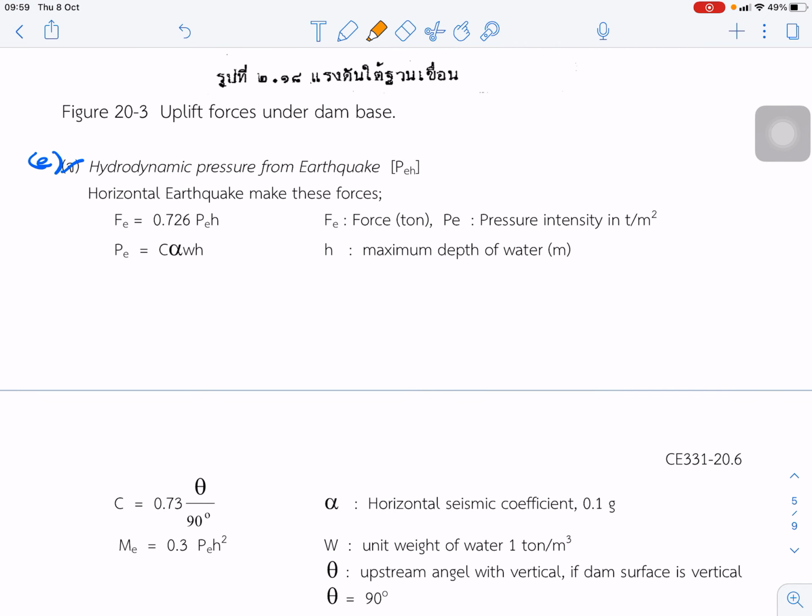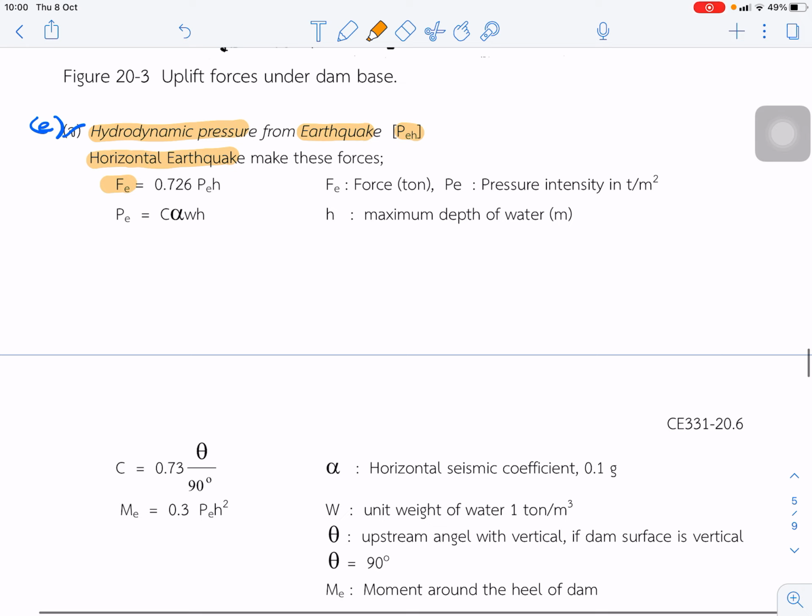For the abnormal load, the first comes from the hydrodynamic force from the earthquake, horizontal earthquake. Horizontal earthquakes make this factor. We can estimate FE, a force from the hydrodynamic pressure.